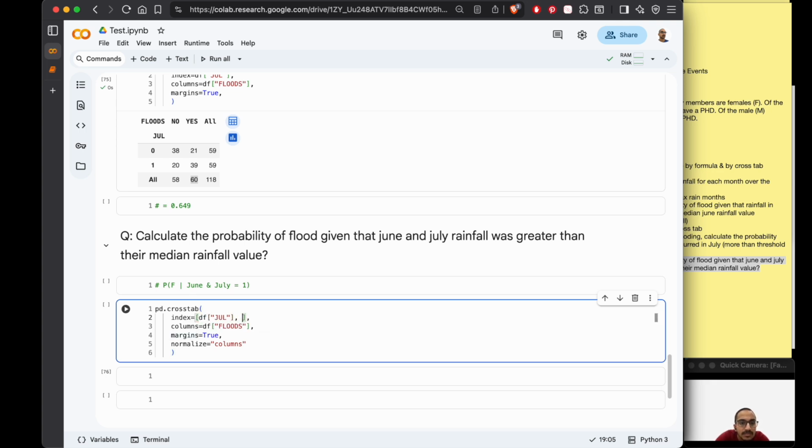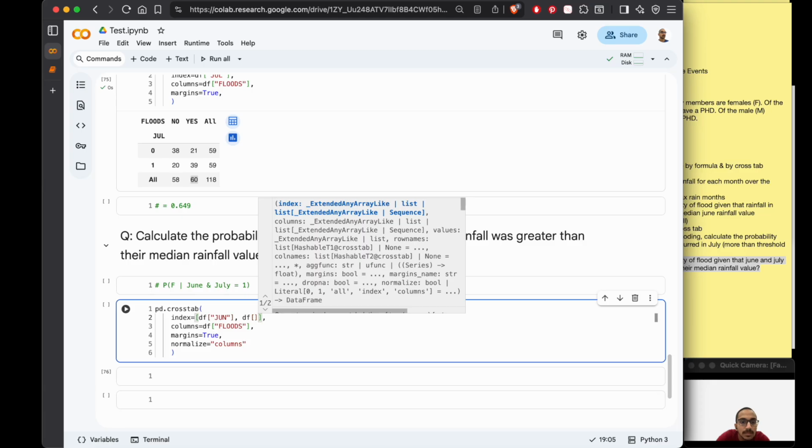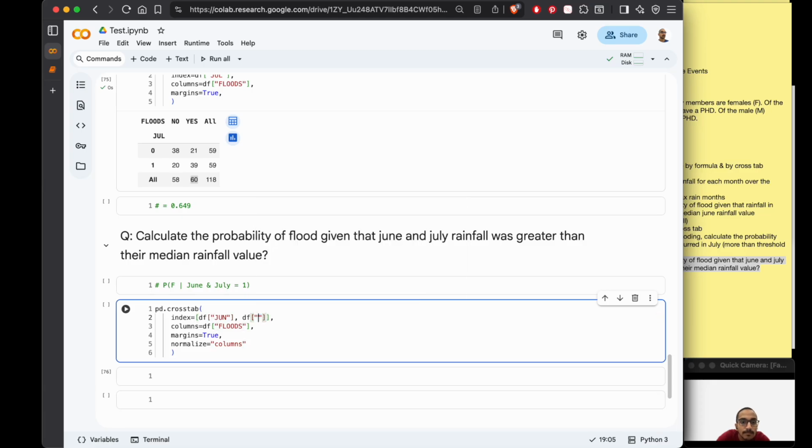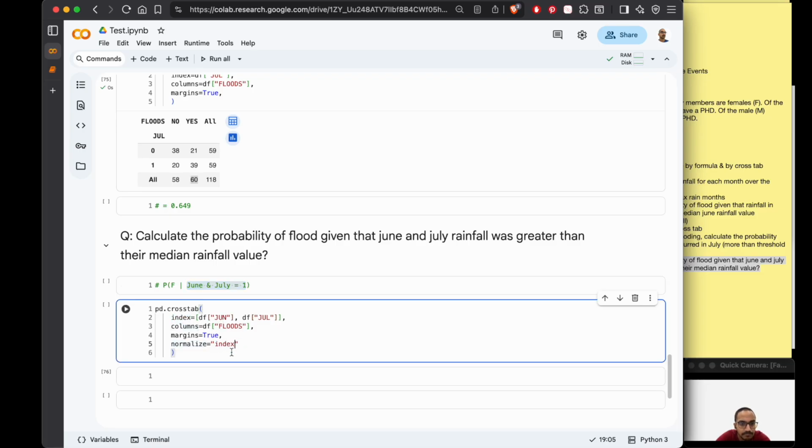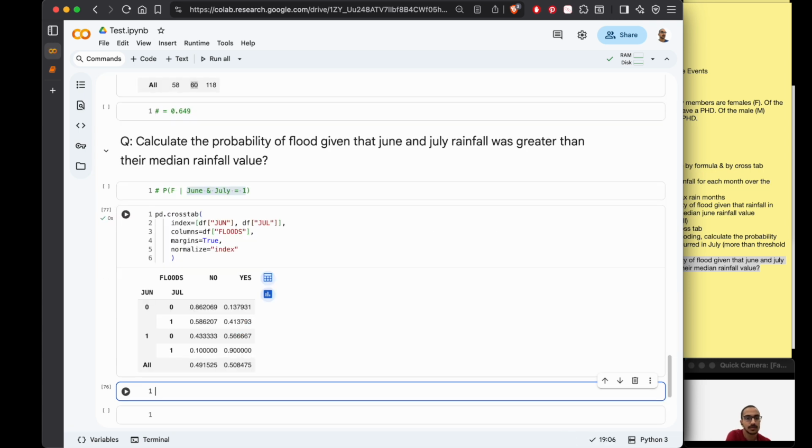So I will pass June and July, and my columns will be floods, and I want to normalize by the evidence. What is the evidence here? The evidence is the rainfall, which is our index this time, right? And that is how we get the crosstab.